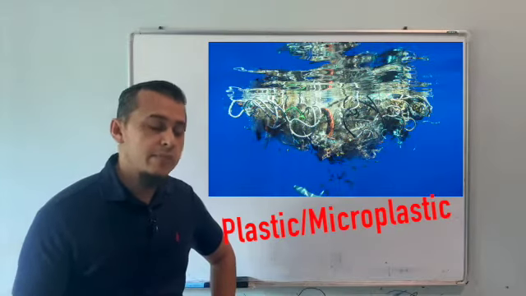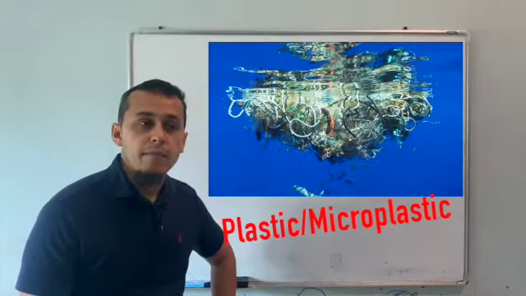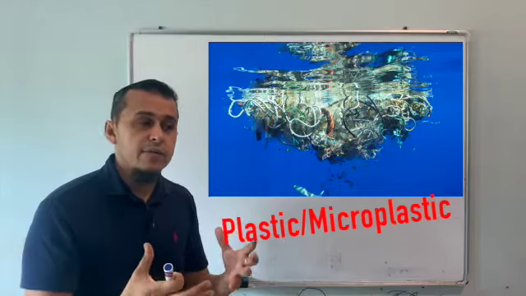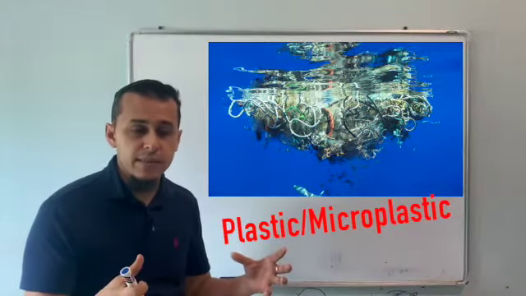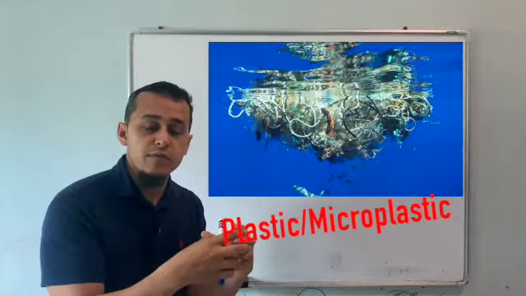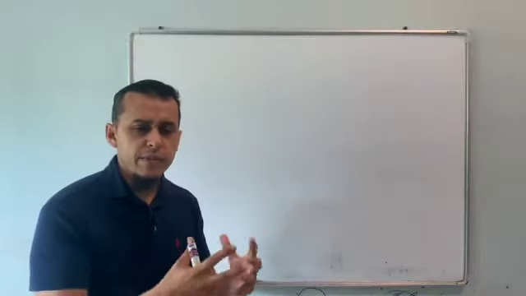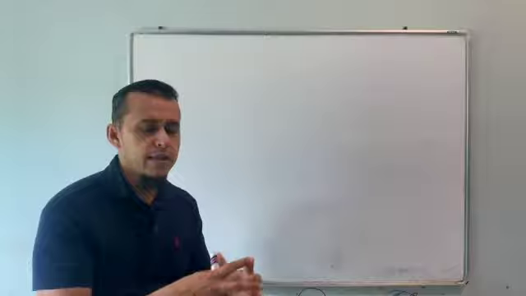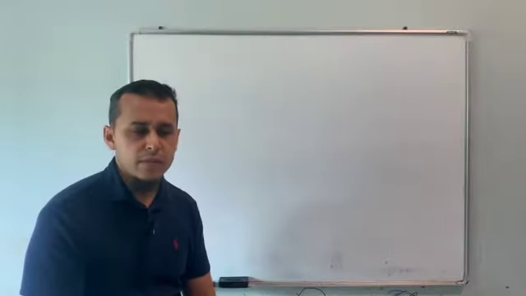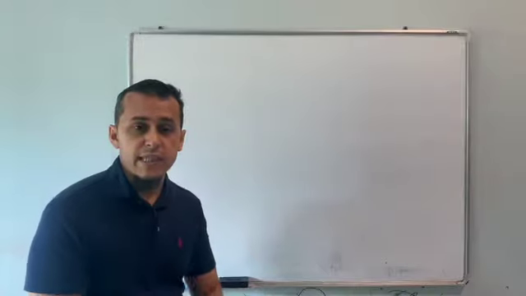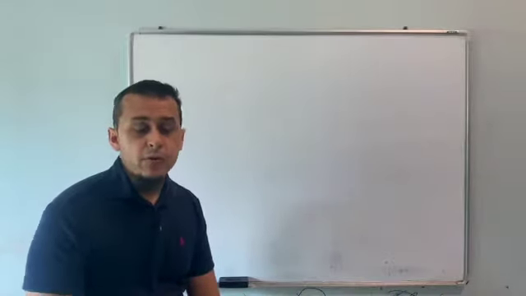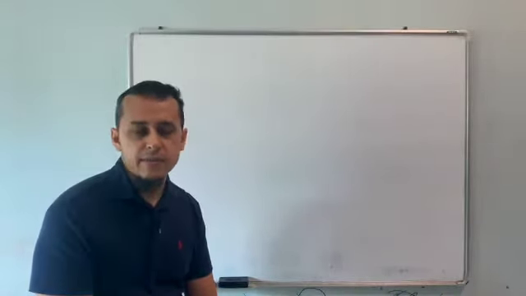Scientists figured out there's lots of ocean garbage, which is plastics and microplastics, in the middle of ocean gyres. Why does it happen that way, how does it go and stay there and accumulate? That's where physical oceanography can describe it.